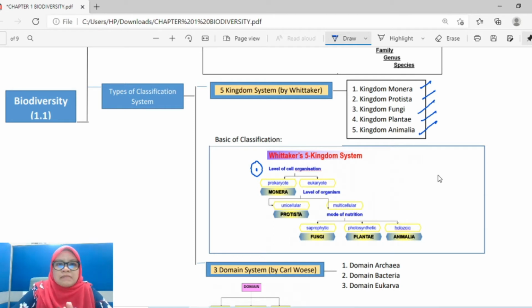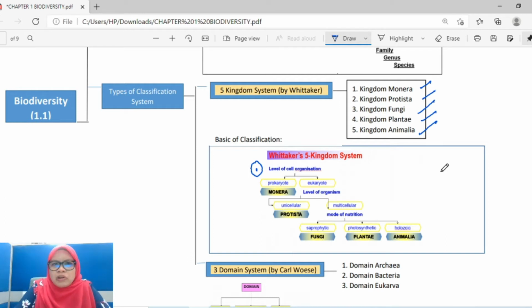Either the organism is prokaryote or eukaryote. So bila banyak spesies yang ada, dia kelaskan dulu. Mana-mana spesies yang prokaryote, dia kelaskan itu sebagai kingdom Monera. So bila kata prokaryote, eukaryote, sepatutnya you don't have to be confused, because you learned about prokaryote, eukaryote since secondary school, and then kita bagi peneguhan lagi untuk chapter 2 last semester.